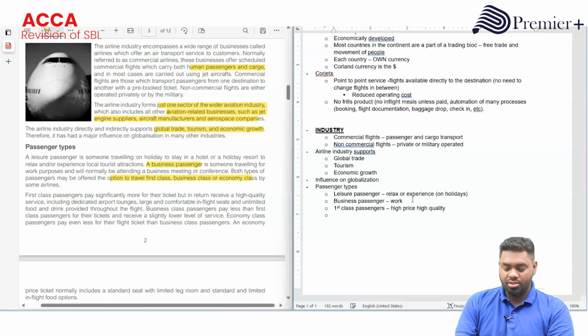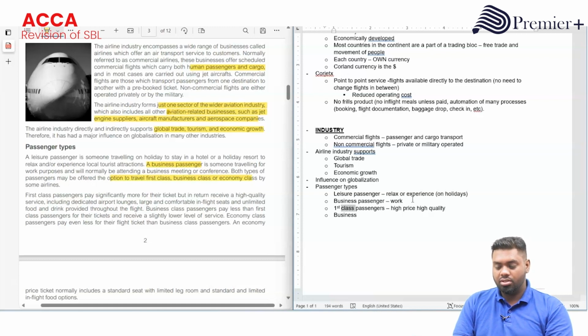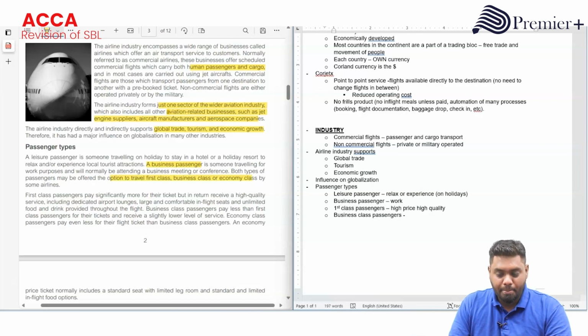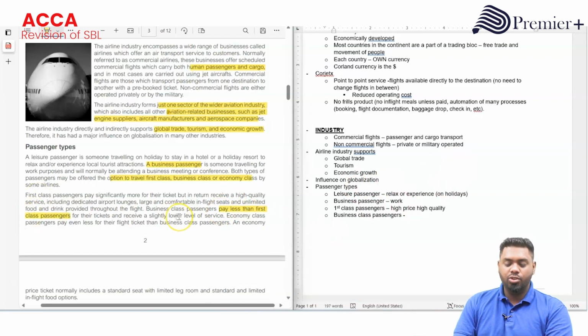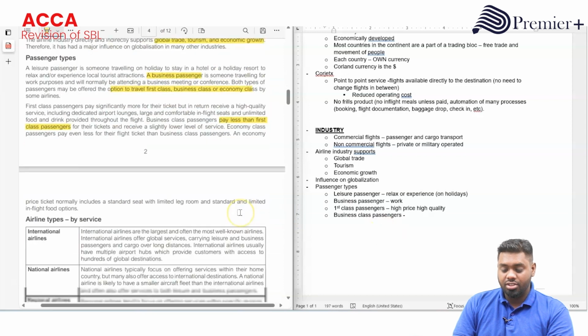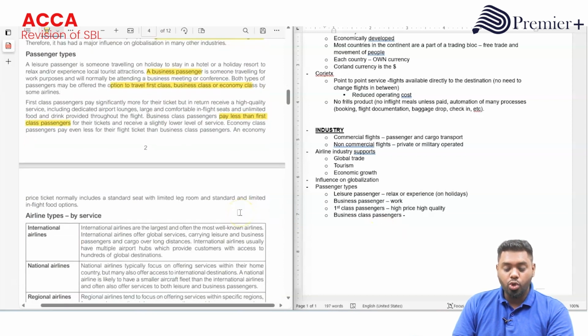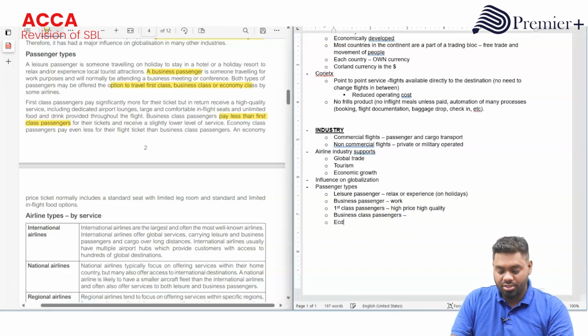Business class passengers pay less than first class passengers for their tickets and receive a slightly lower level of service. Economy class passengers pay even less than business class passengers. An economy ticket normally includes a standard seat with limited legroom and limited in-flight food options. So we have economy class as well.